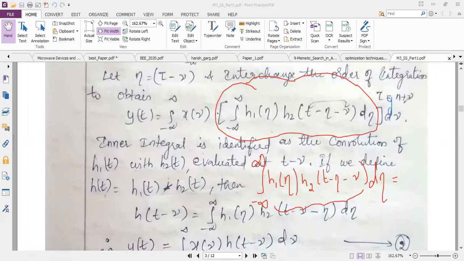If y of t is equal to x of t convolution with h of t, then how is it written? It is y of t is equal to the integral from minus to plus infinity of x of tau into h of t minus tau d tau.